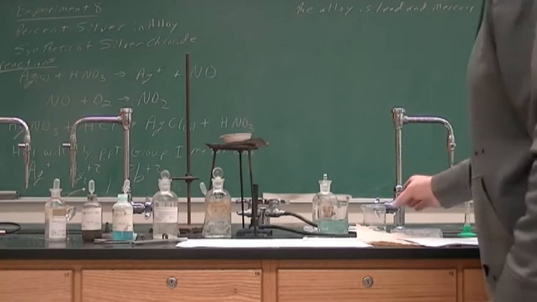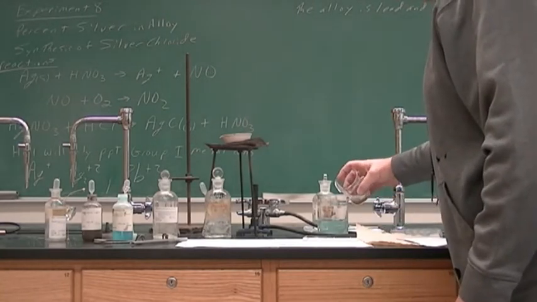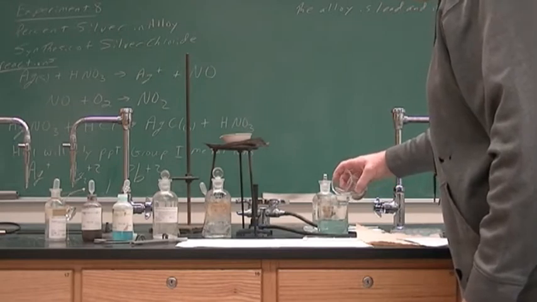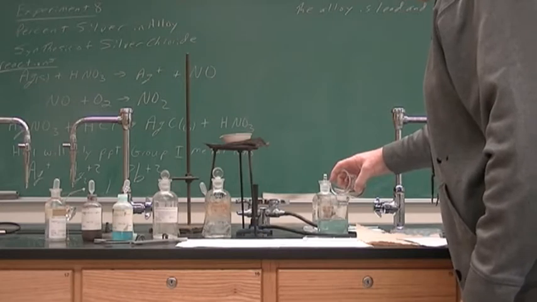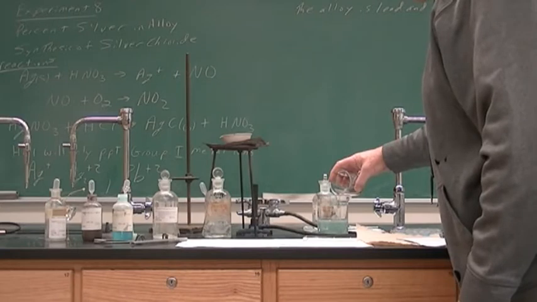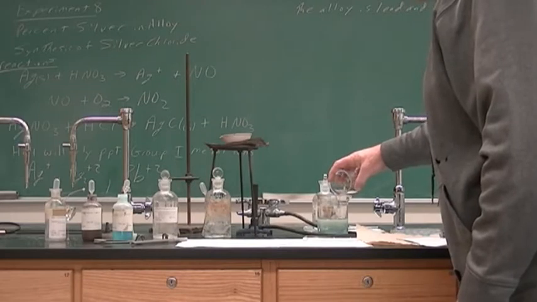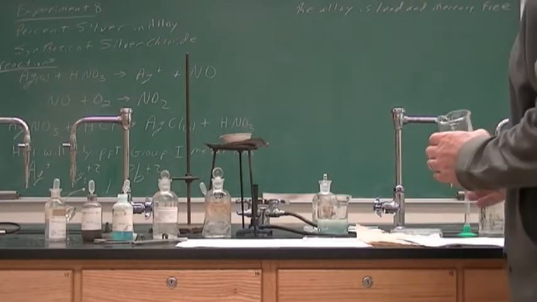The density of silver is a very high number, and so I'm going to let all of the silver settle, get all the impurities out. My percent silver is going to be a little off, but I want my purity of my silver to be nice and pure. So that was the first wash.